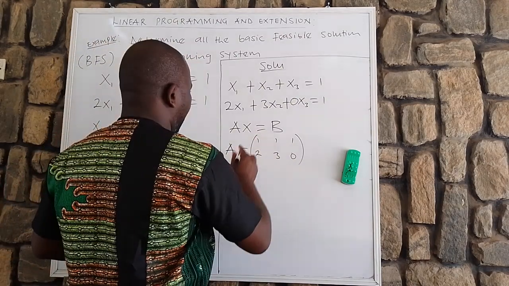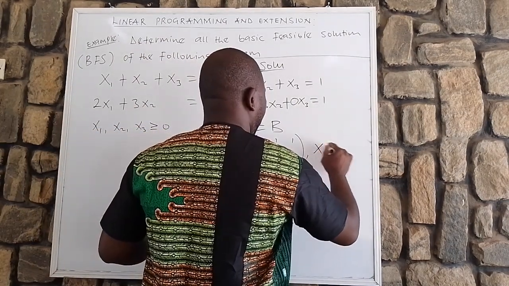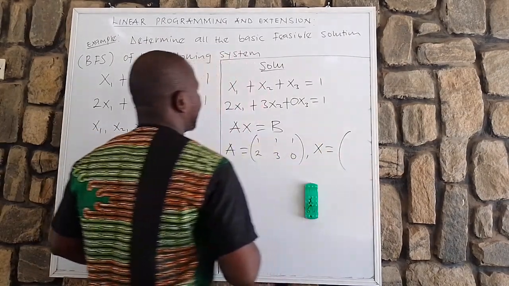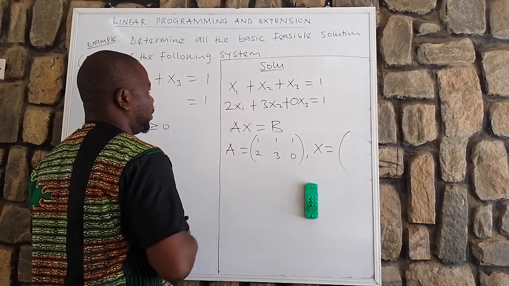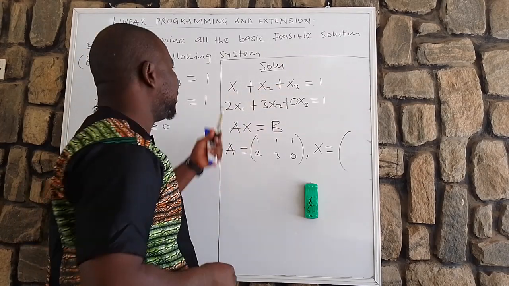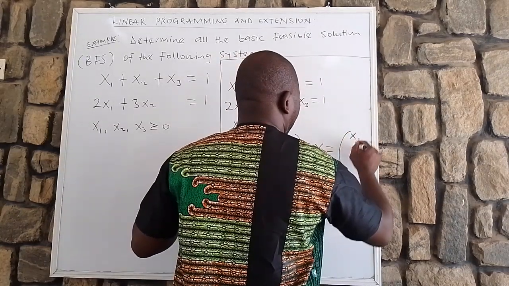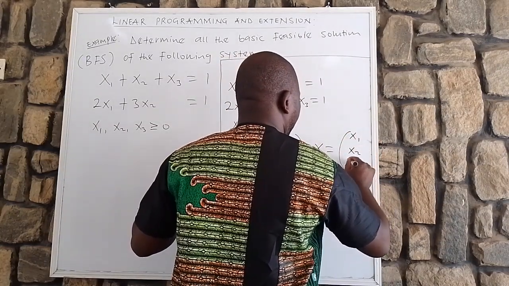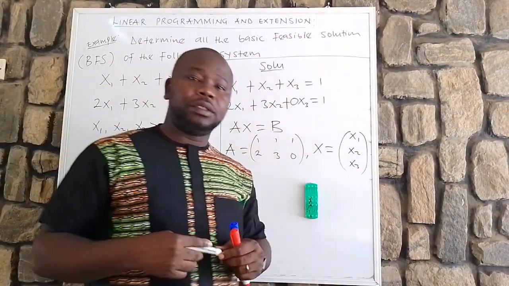Then our x, we have up to 3 unknowns, because x1, x2, x3. So these are the unknowns. Here we are going to write x1, x2, x3. Any question?